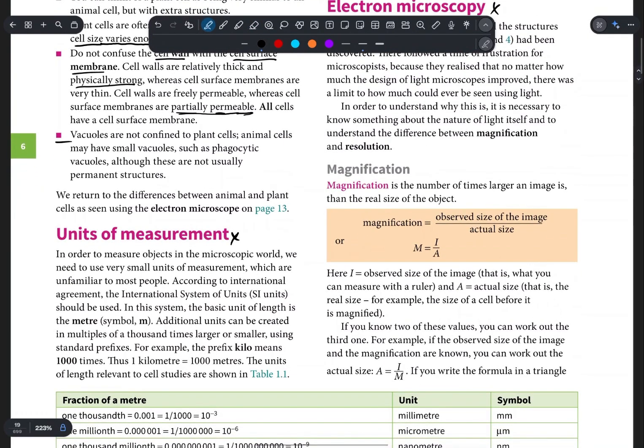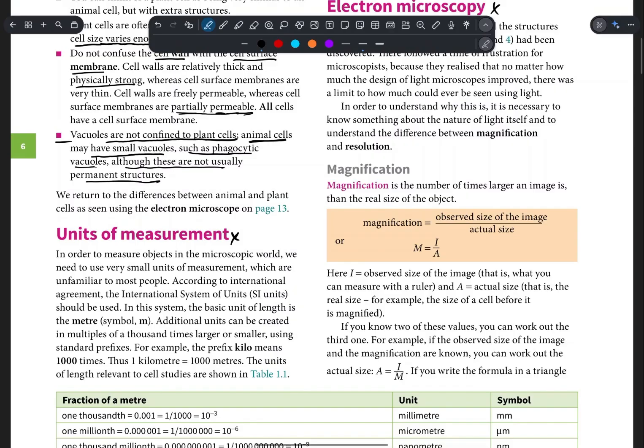Vacuoles are not confined to plant cells. What does it mean? Let's study the whole paragraph. Animal cells may have small vacuoles, such as phagocytic vacuoles, although these are not usually permanent structures.